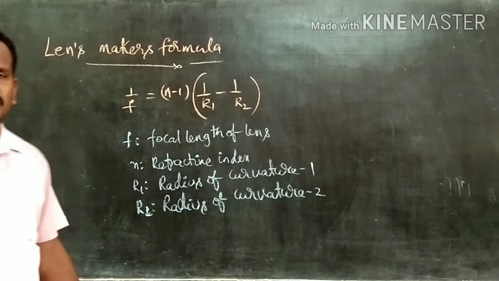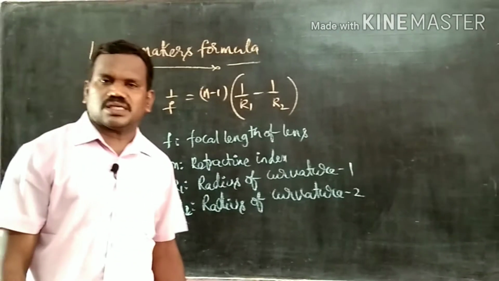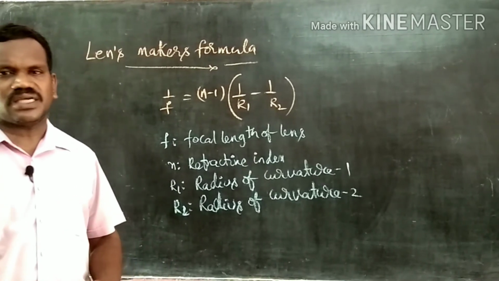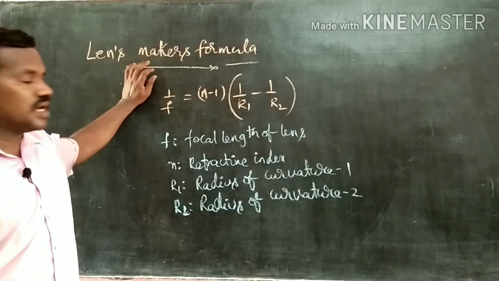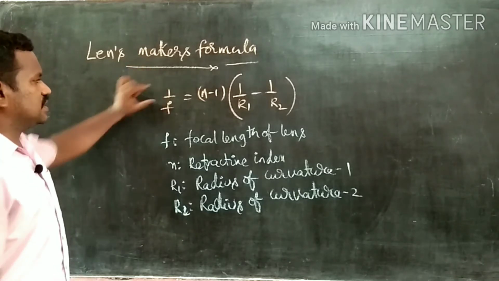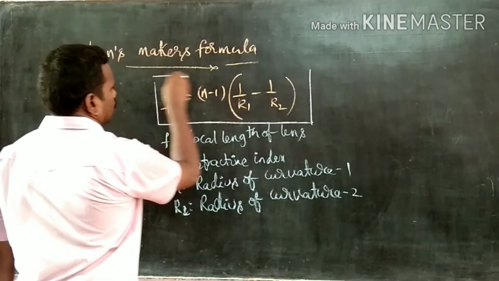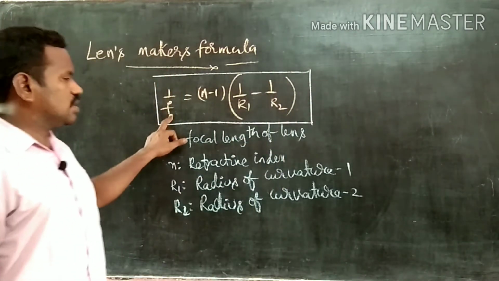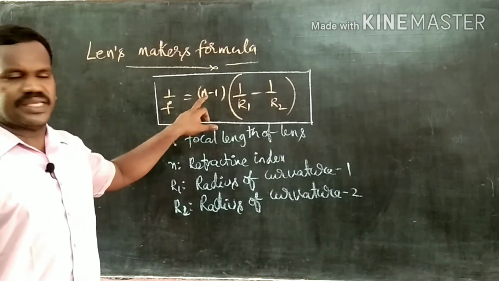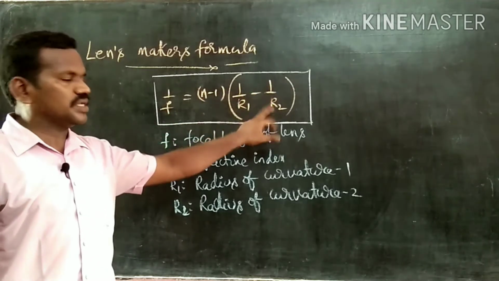Let us discuss one more formula which we are using as per the SCERT textbook, that is the lens maker's formula. 1 by F is equal to (N minus 1) times (1 by R1 minus 1 by R2).